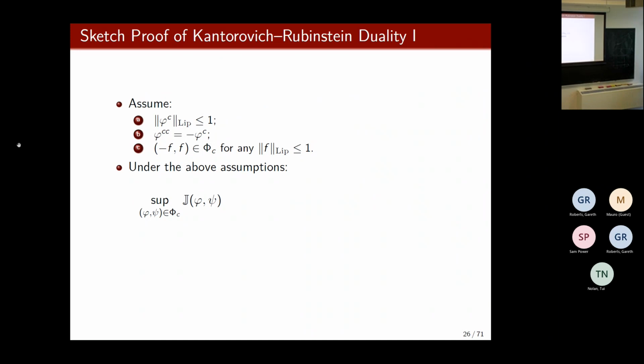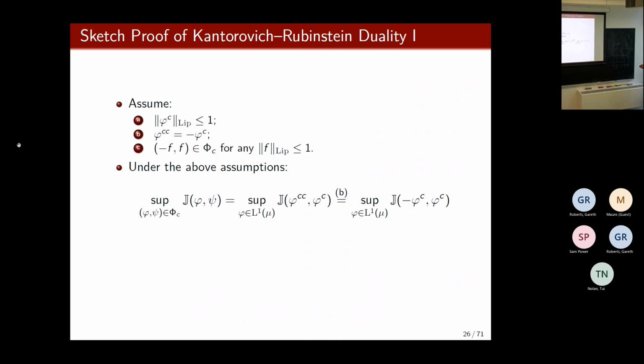then if we start off with the dual form, this is going to be equal to the supremum over... this is what we've shown before, that I can just assume that my phis are these C transform pairs.